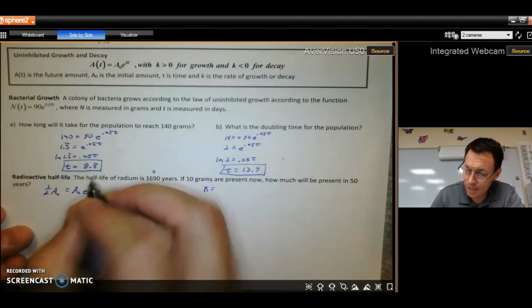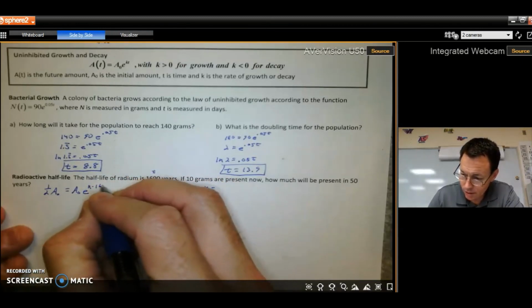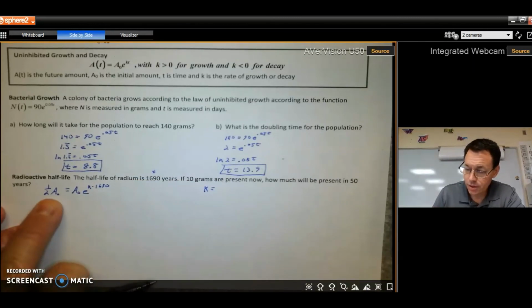And the amount of time that it takes to get half of our amount is 1,690. Now, I need to solve this. First thing we're going to notice is that these two A's are going to cancel each other out. I've got an A on this side and an A on this side.